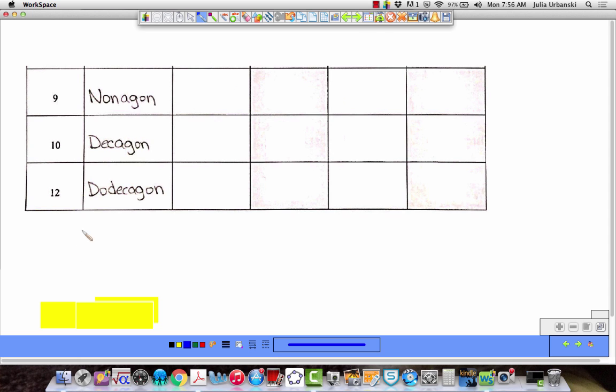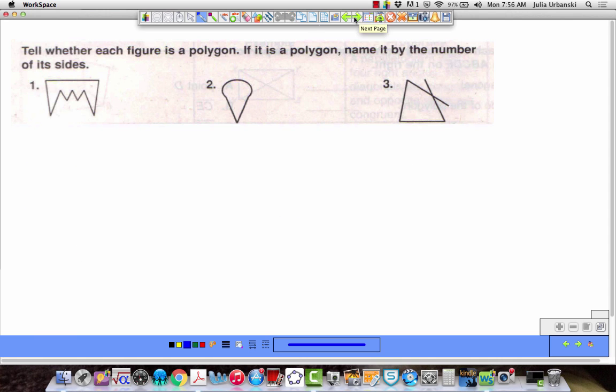Now you have to keep that in mind as you do the next part. Look back to your old notes. We're going to build on this chart as it becomes appropriate to what we're doing. But go back here. We have to first of all decide if this is a polygon. Is it closed with no open gaps in it? Is it all segments? And does it fit on a plane? Yes, this is a polygon. So the next thing to do is, if it is a polygon, name it by the number of sides.